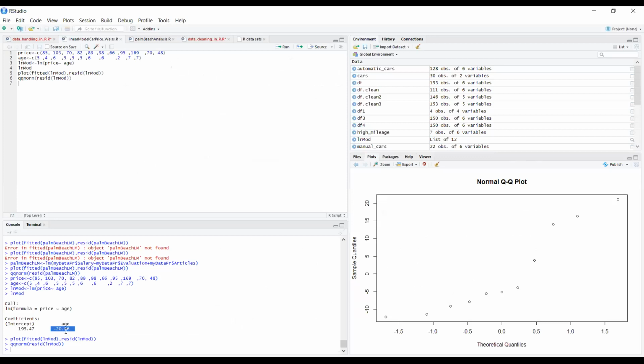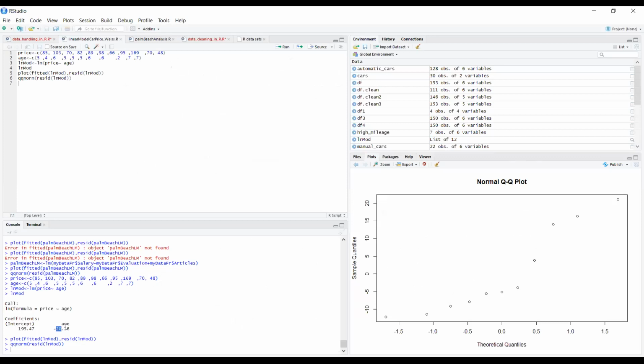So this indicates minus 20.26 multiplied by 100. Why multiply by 100? Because the data was given in hundreds. The first price is not 85, the first price is 8500. The last price is $4,800. So the data is in hundreds of dollars.